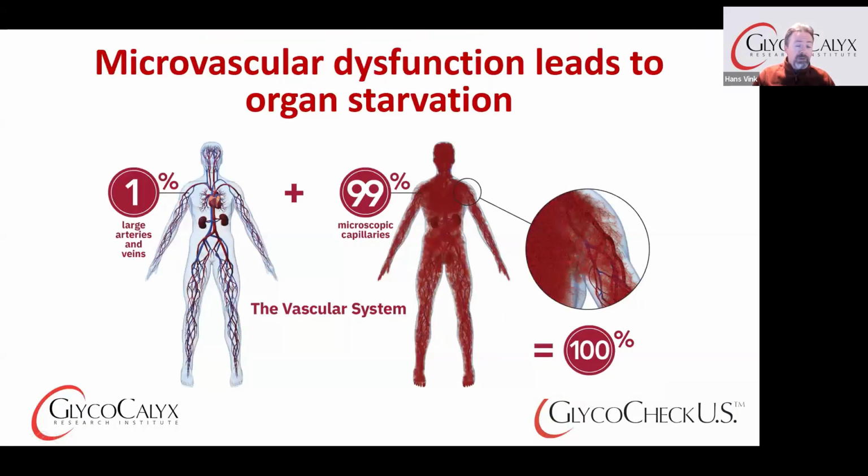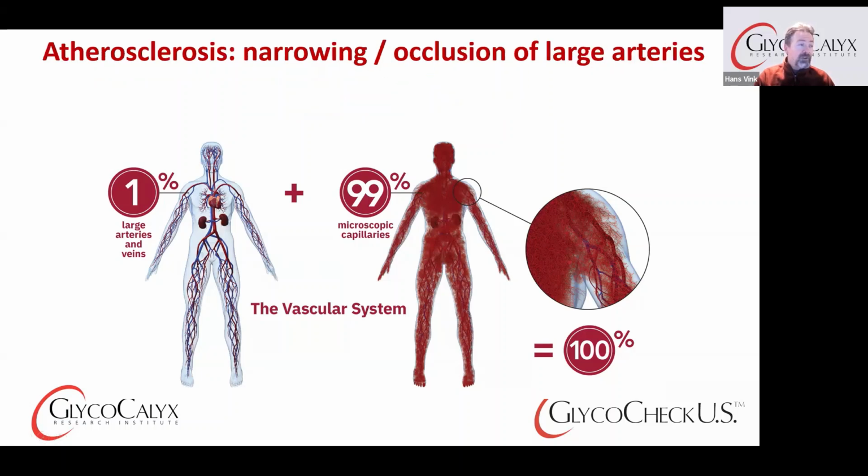So usually, when we talk about glycocalyx, we're mostly focused on the microvasculature, all the small vessels that take the nutrients to the organs, and then glycocalyx breaks down and the microvasculature is damaged, causing organ starvation. But today, when we start talking about atherosclerosis, we will go back to the large vessels, specifically the arteries that take the blood from the heart to the organs, because atherosclerosis is a macrovascular disease.